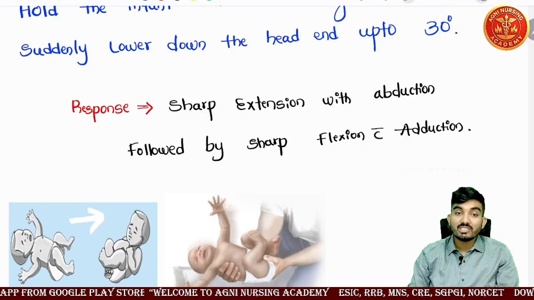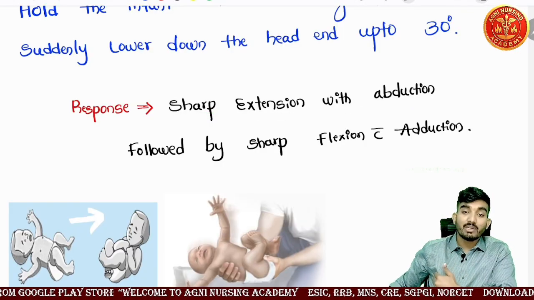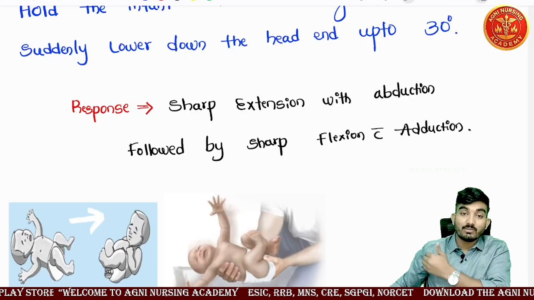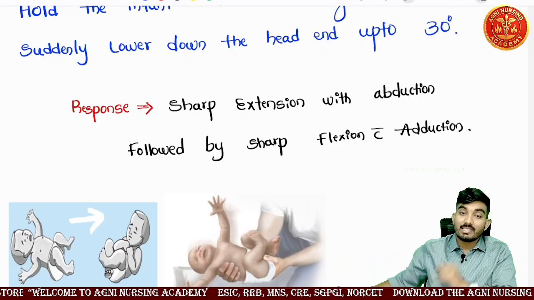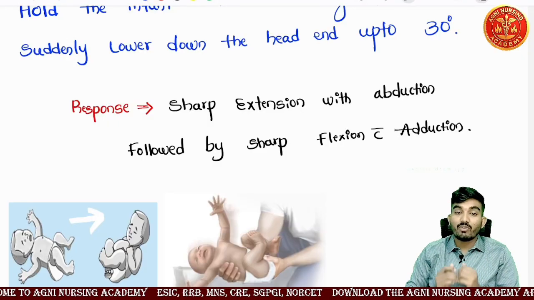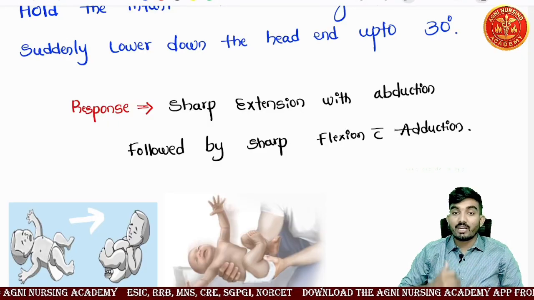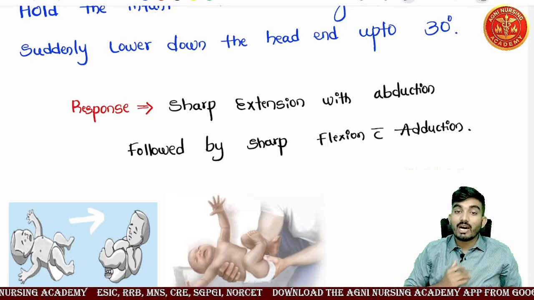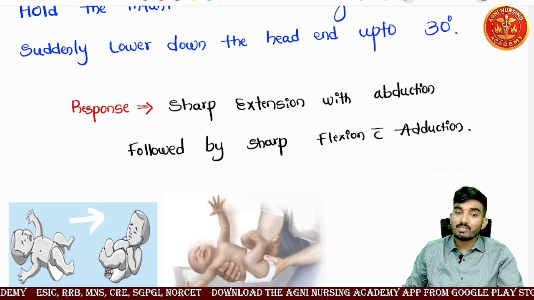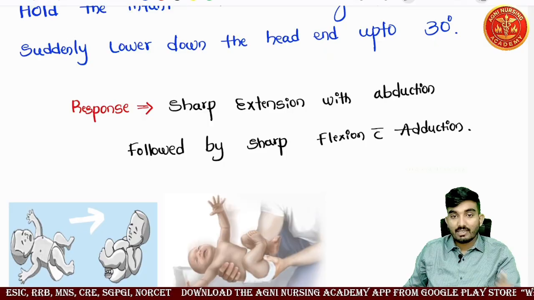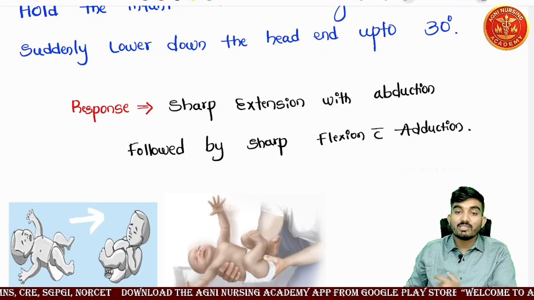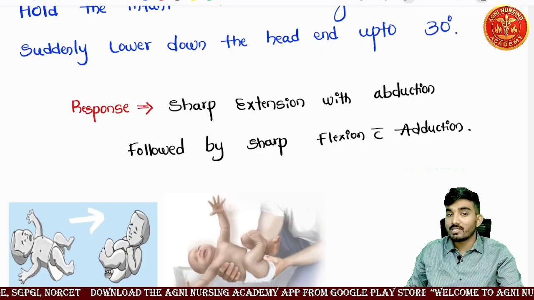Extension means the angle between the body joints increases. Abduction means the movement away from the midline. Adduction means the movement towards the midline. Flexion means the angle between the body joints decreases.